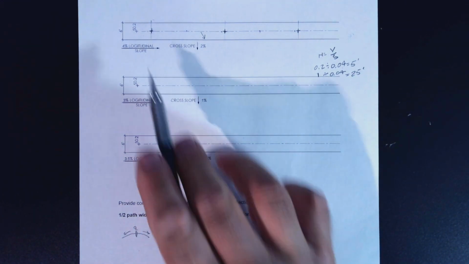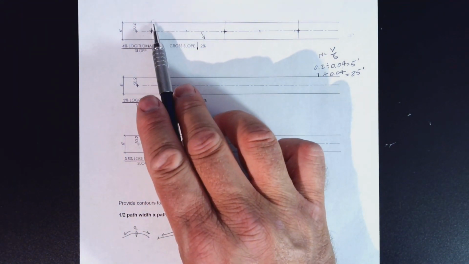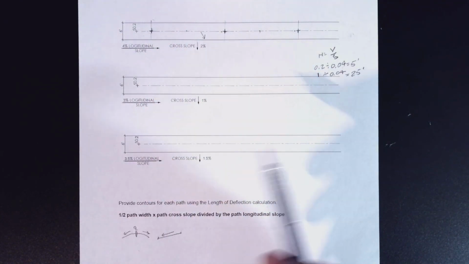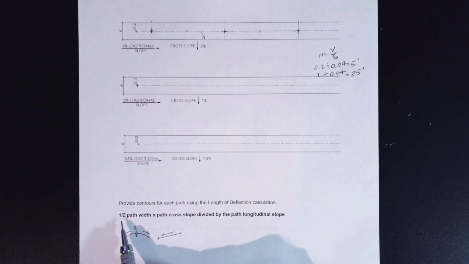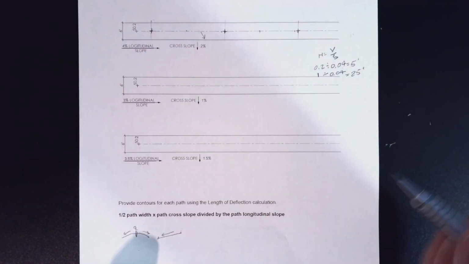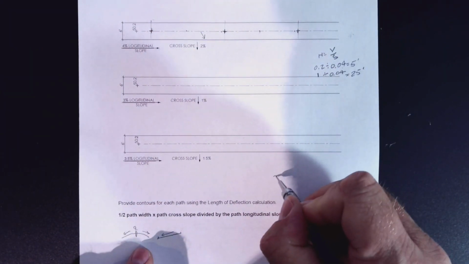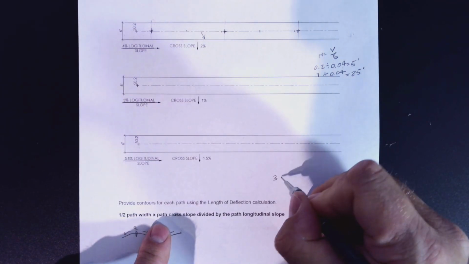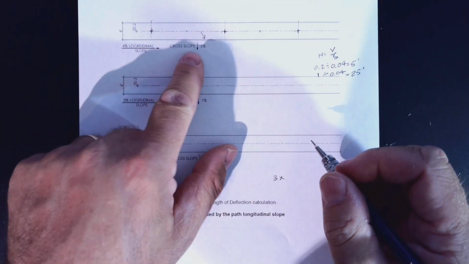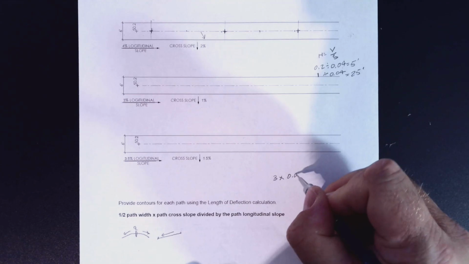That's how you determine how far your contour goes, what angle to drain. So the calculation is pretty easy. It's 1/2 the path width. In this case, it's a 6-foot path, so it's 3 feet, half the path width, times the cross slope, which is 0.02.